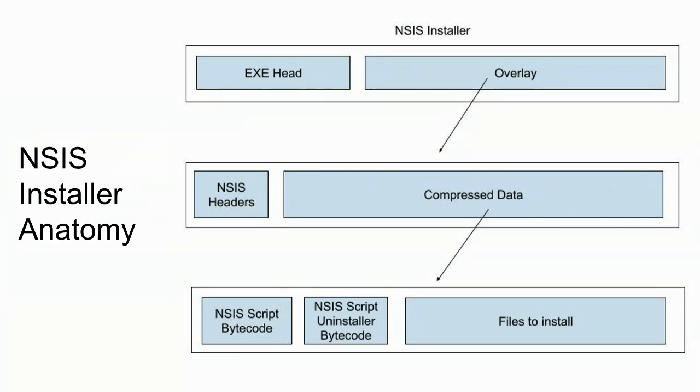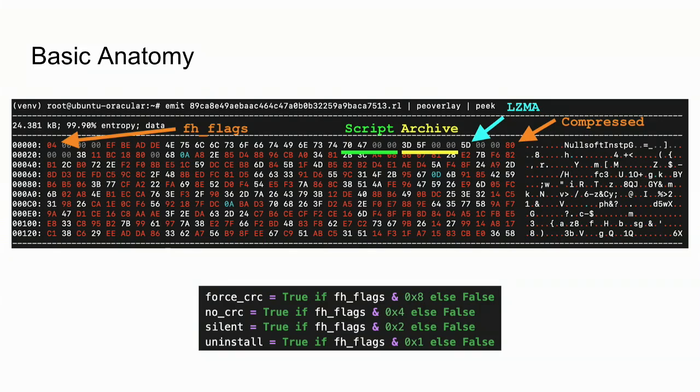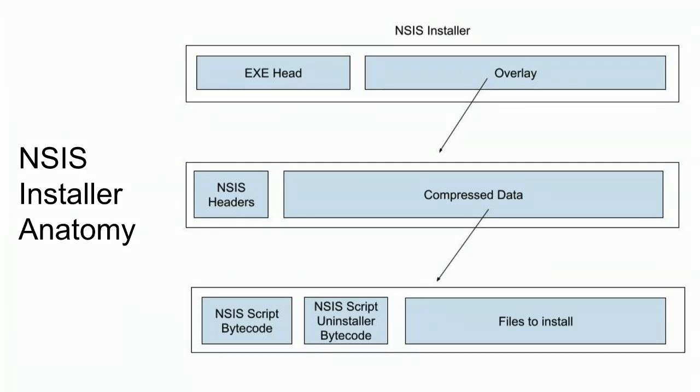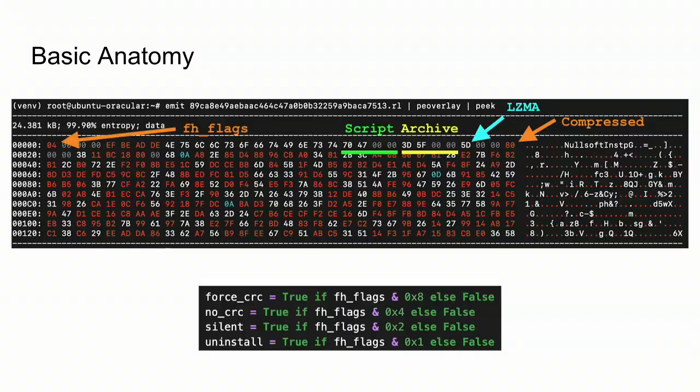And so going back to our NSIS installer anatomy, we're going to look at some of the script bytecode itself and what that sort of stuff does. And by the way, sorry, I skipped ahead a little bit. We're going to talk about NSIS installer headers, and these are actually part of the overlay, but they're not compressed.